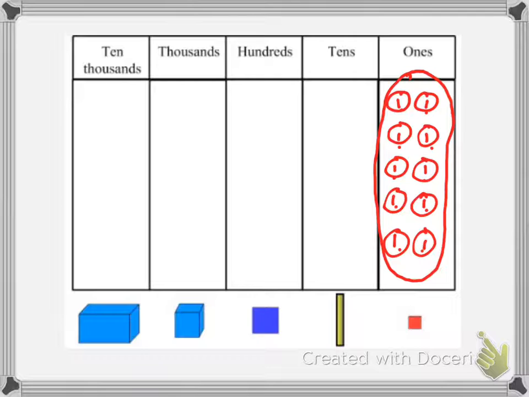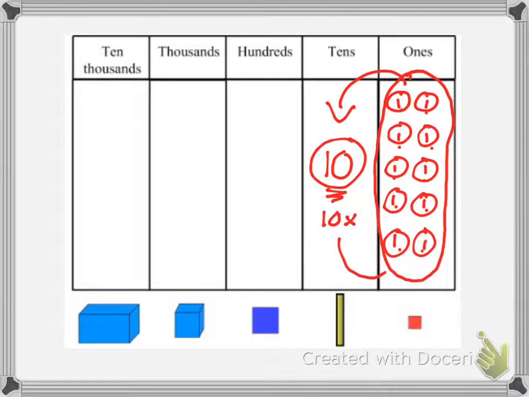Bundling means I'm putting them all together, and I can make a bigger unit. I can make a place value disc of 10. 10 is 10 times as much as 1.